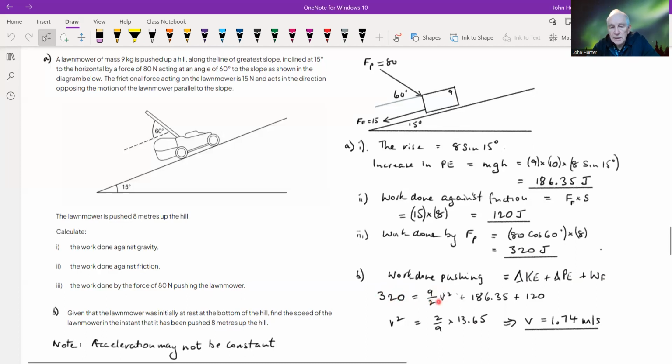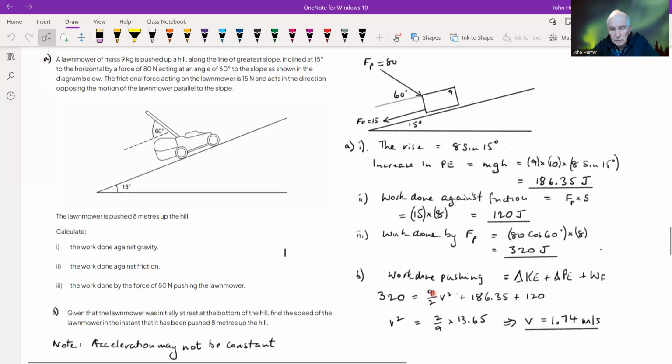The increase in kinetic energy, well, it starts from rest. The kinetic energy at the top of the 8 meters is basically going to be half mv squared. Well, half, what's the 2?